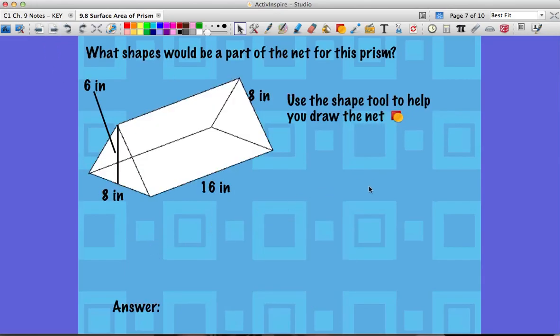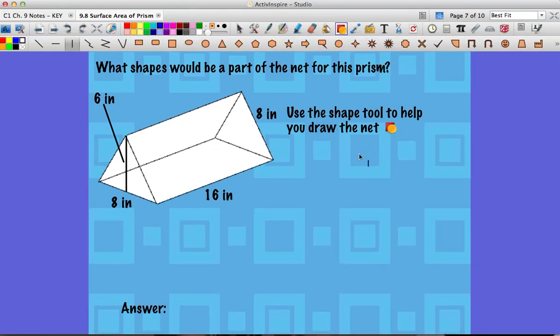Right, in this case, we are working with a triangular prism. Mostly we'll work with rectangular prisms, but because we're so good with triangular prisms, we're going to work with that as well. So the first thing we need to do is actually draw the net of this shape.